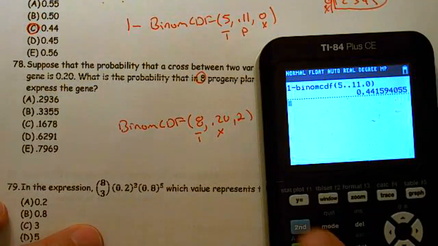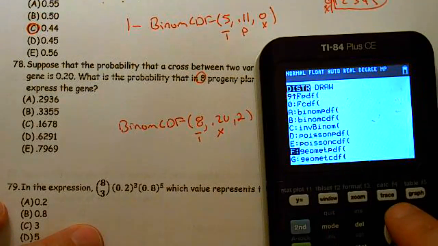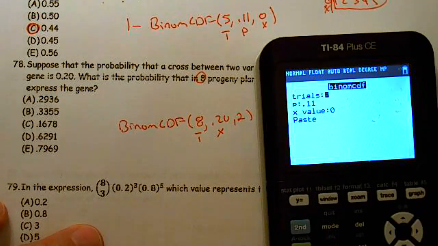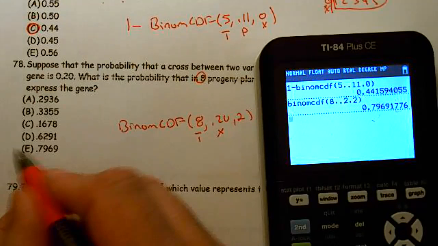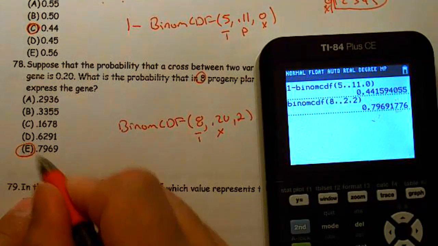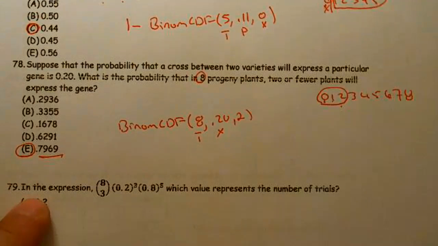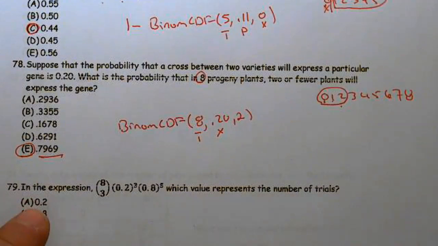So second vars, binomial CDF, trials is 8, probability 0.2, X value is 2. And I end up getting 0.7969. So this is my closest answer. All right, and that's the end of this video.